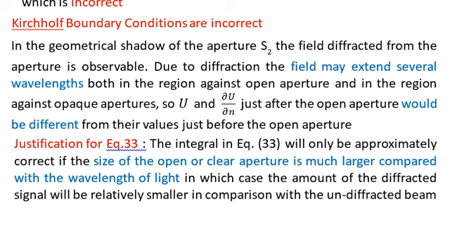So we got two points from this statement: u and its partial derivative, that is, u and the partial derivative of u with respect to n, both cannot be 0 behind the opaque aperture. The second point is that u and its partial derivative both cannot be the same behind the clear aperture.